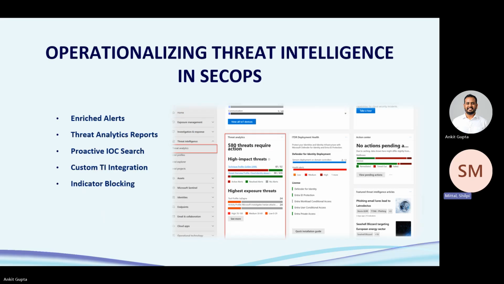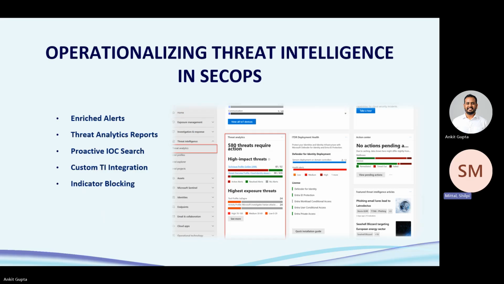Proactive IOC searches further extend this using advanced hunting in Defender or queries in Sentinel. Analysts can look for indicators like a malware hash across these environments, uncovering infections that may have evaded real-time detection.